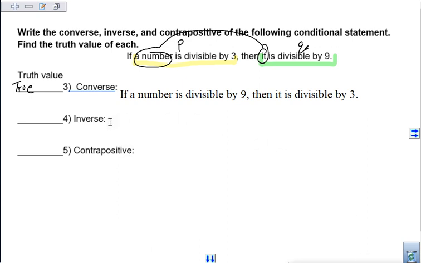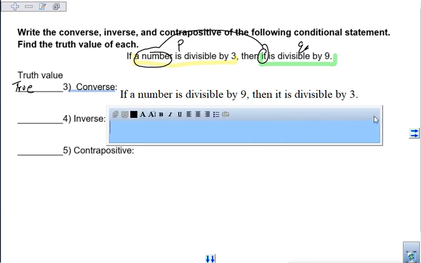Now we need to write the inverse. Remember, the inverse takes the original order and negates it. So we'd have if a number is not divisible by 3, then it is not divisible by 9.